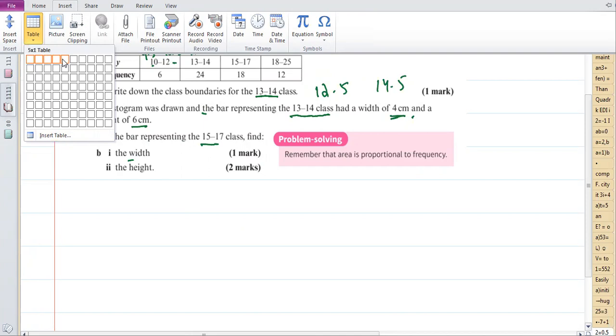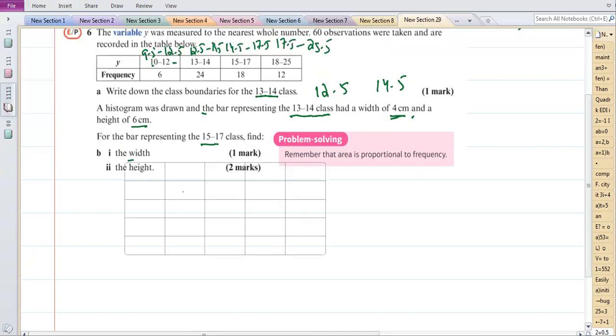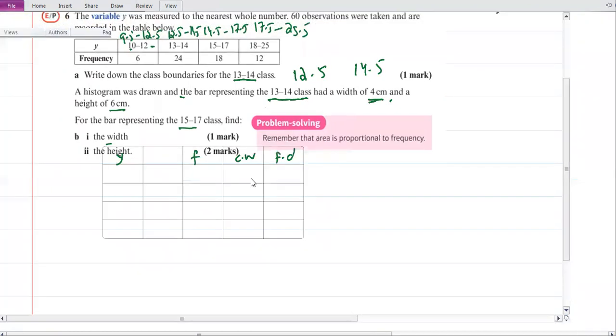How many are these? 1, 2, 3, 4, 5. Okay, this is my table. Here I will have my class y. This will be the amended class, here I will write the frequency, here I will write the class width, and here I will write the frequency density. So my table will be visible for you.